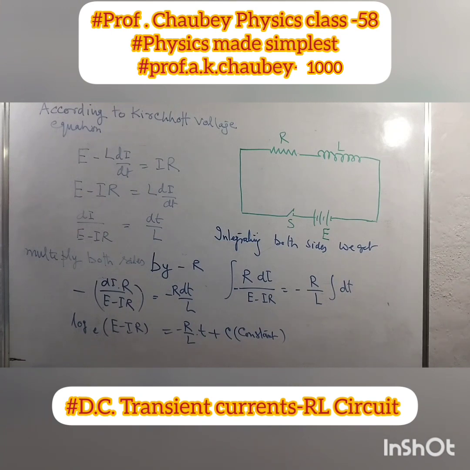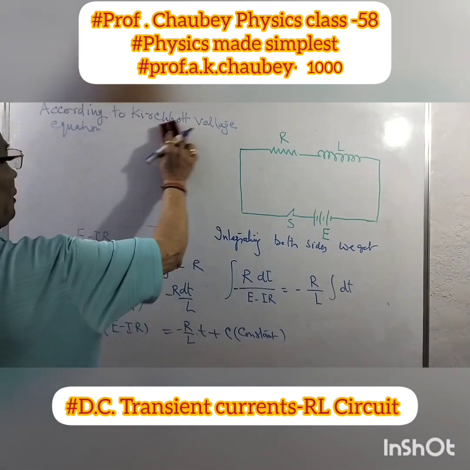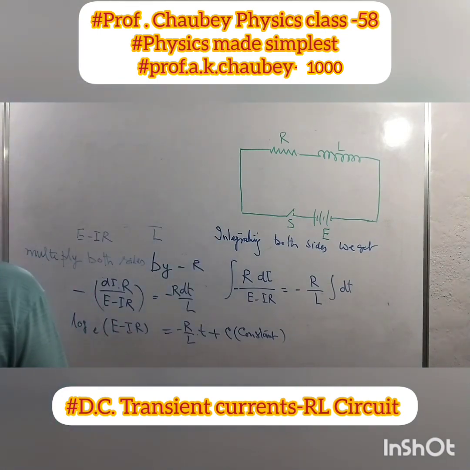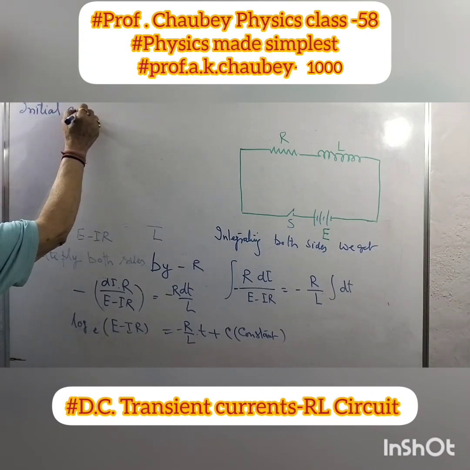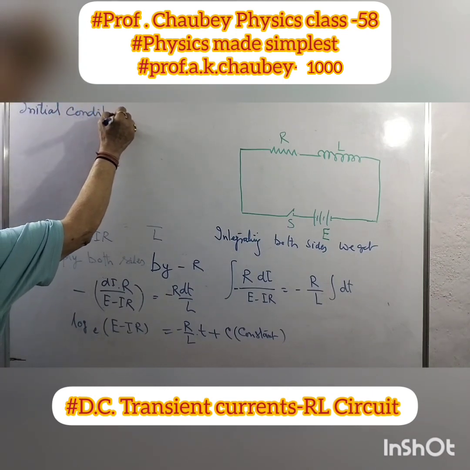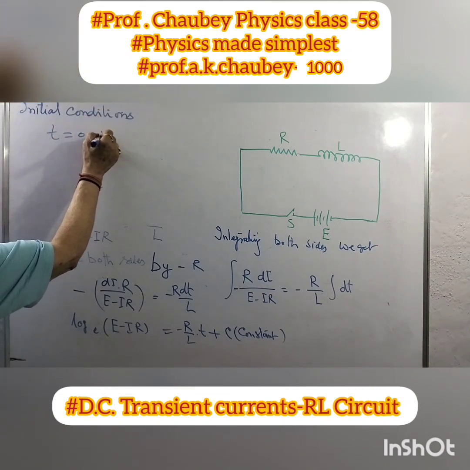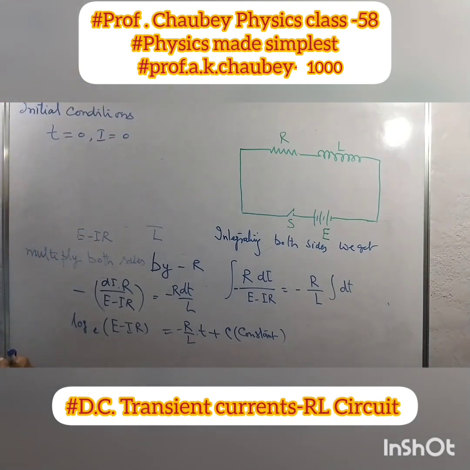We can get the constant by writing the boundary or initial conditions. The initial conditions are that at t equal to 0, I is equal to 0, no current at t equal to 0.